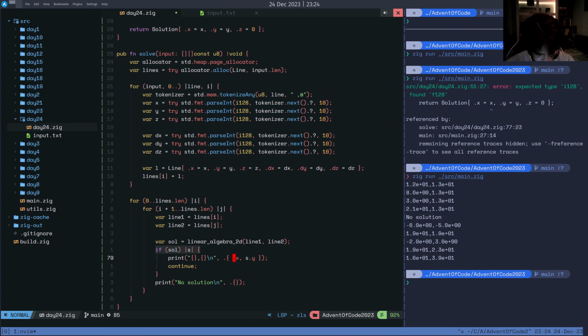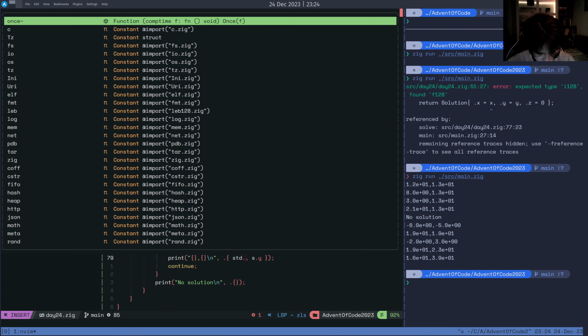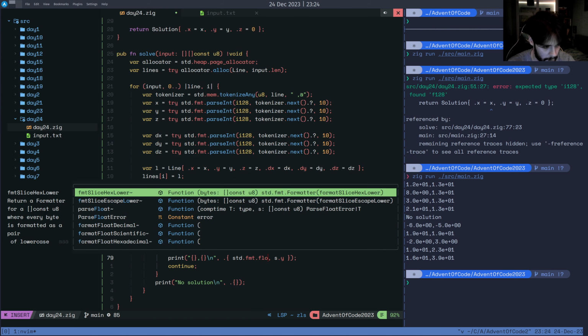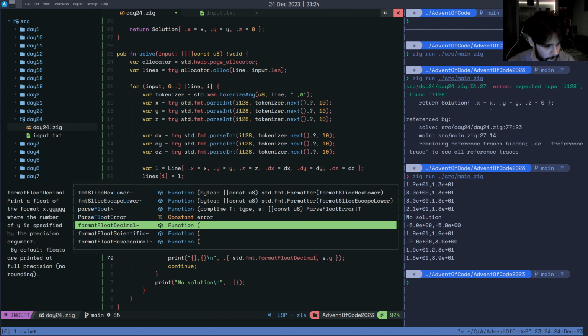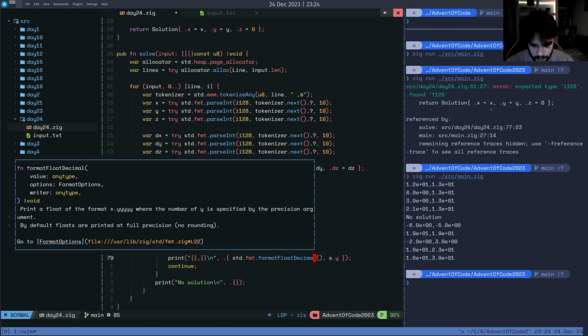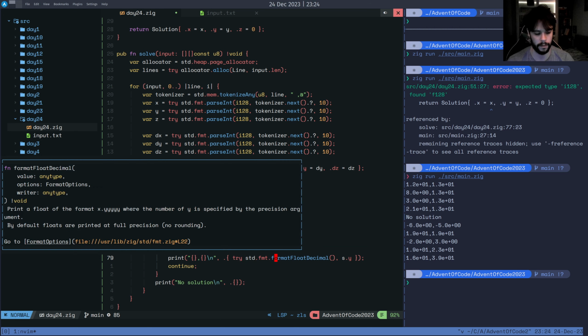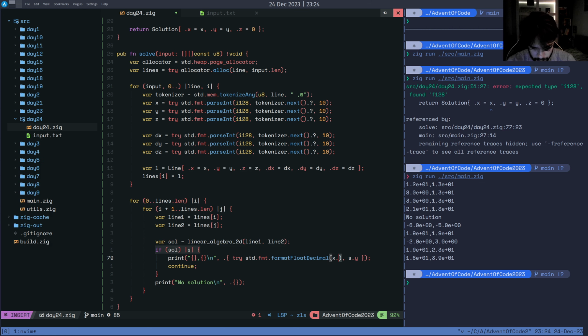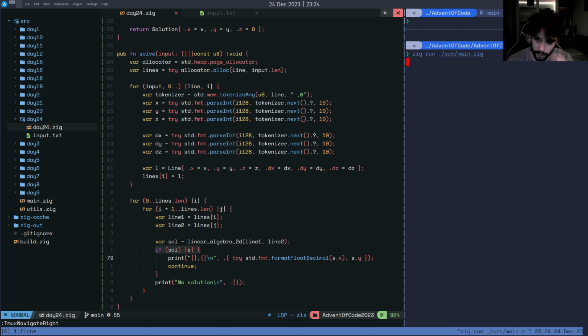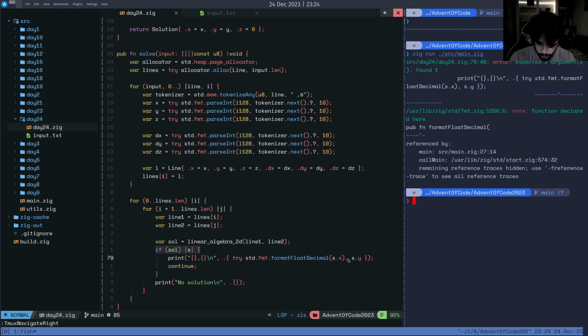We can do, let's try standard.fmt.float format float decimal. Print a float format. Yep, let's try that. What do you do? So I need to do a try either way. Value any type options, and I think everything else is basically not really relevant. Can I do that? So an options is just going to be empty.